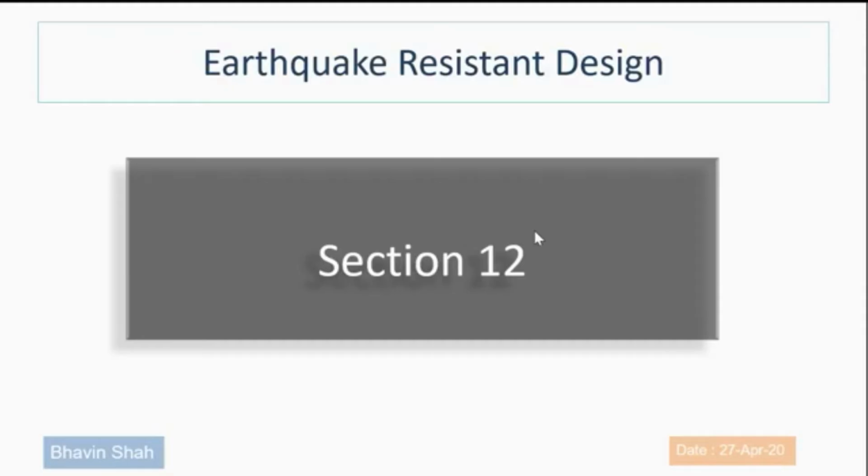And till today, I am receiving many questions like whether Section 12 is applicable for the structure under consideration. If Section 12 is applicable, then which clauses of Section 12 are applicable? And if certain clauses of Section 12 are applicable, then how to actually perform the analysis or design using those clauses? Right? So we have these kinds of questions whenever we are performing design with Section 12.